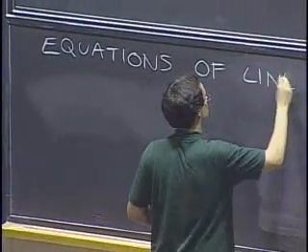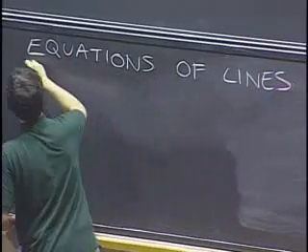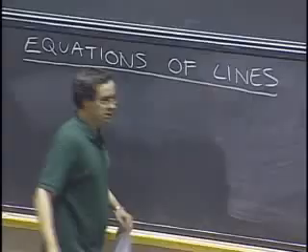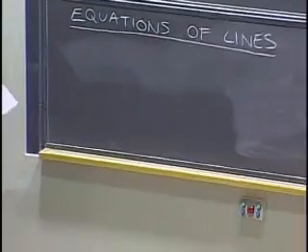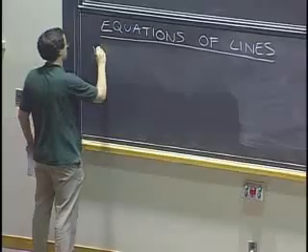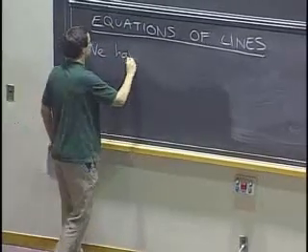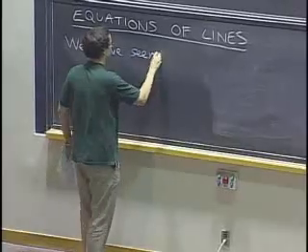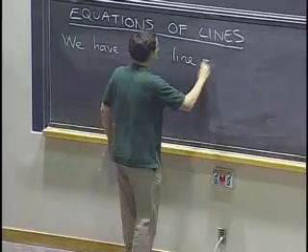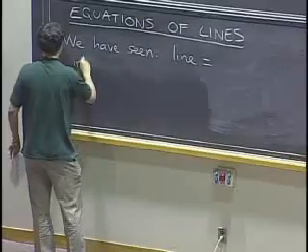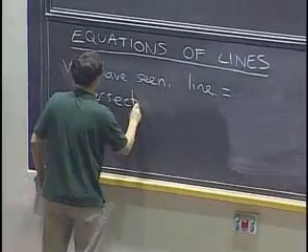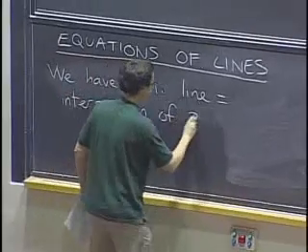And so in a way, it seems like something that we've already seen last time, because we have seen that we can think of a line as the intersection of two planes.